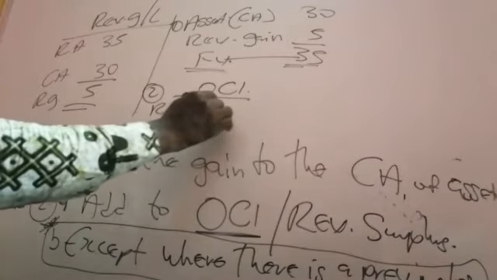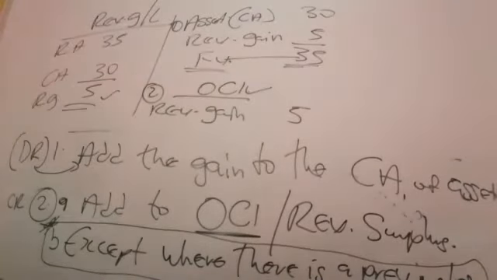Treatment number 2, you go to your OCI and record a revaluation gain of 5 cedis. We are done. This one will be in the P&L, and some goes to the financial position. Good. Then the B, exception. Let's assume that a year before they performed this valuation, the asset was revalued and they had a loss of, let's say, 3 cedis, or 3,000.